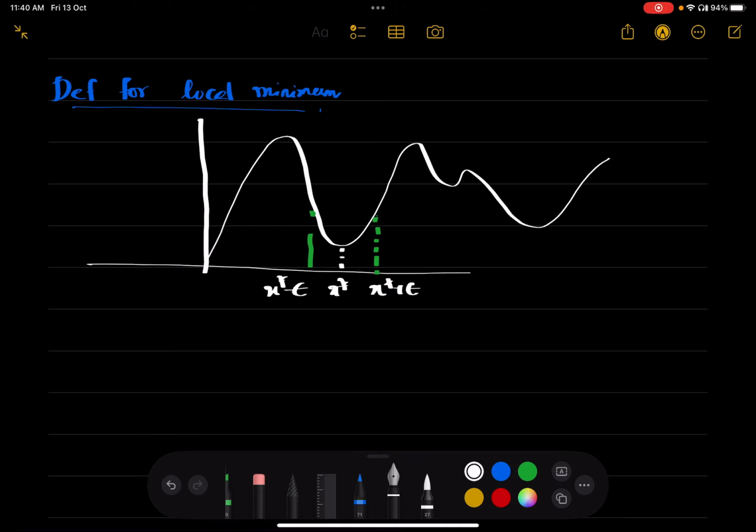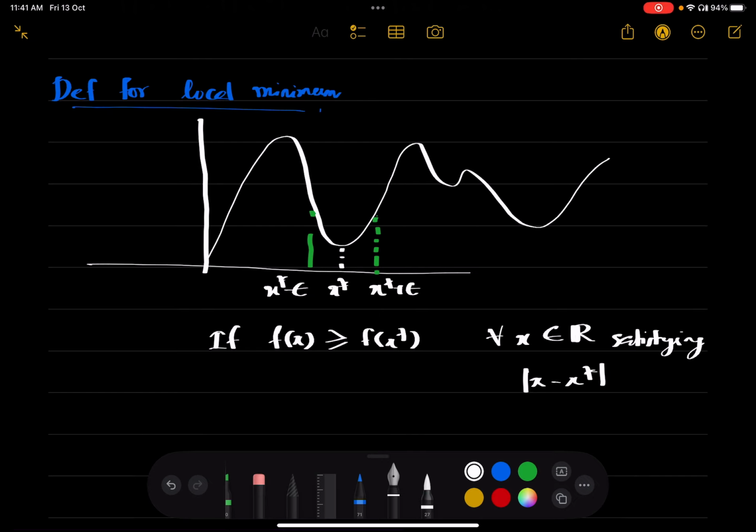In that locality, if f of x is greater than or equal to f of x star for all x satisfying that x minus x star is within a particular interval, that is, x between x star minus epsilon and x star plus epsilon, then in that range, if all the values of the function are greater than or equal to the value at a particular point, that point can be considered a local minimum.